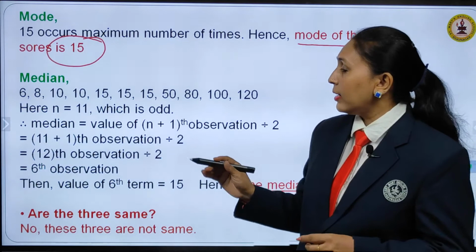If I add the observations here, I will get my sum as 64. How many observations are there? You can count 4, 5, 6, 7 and 8. So dividing 64 by 8, I am getting my mean as 8. But what is given to us in the question? 9. That means the statement is false, right?